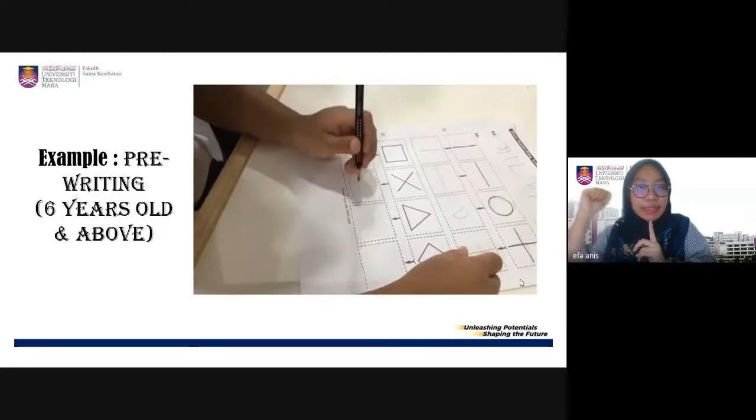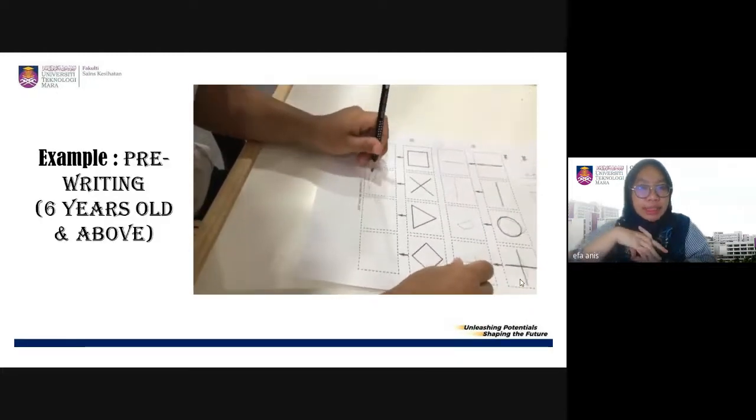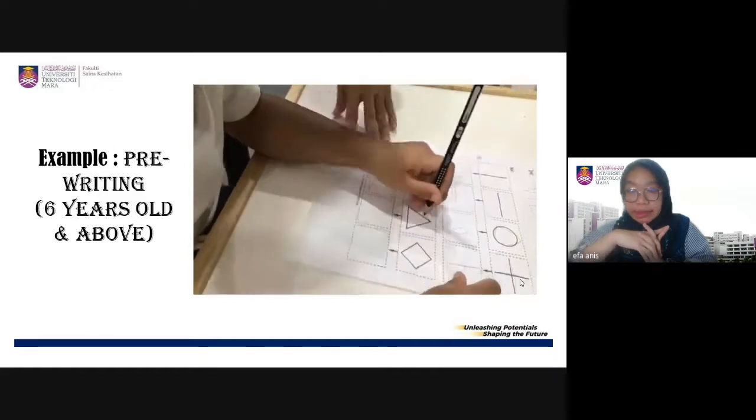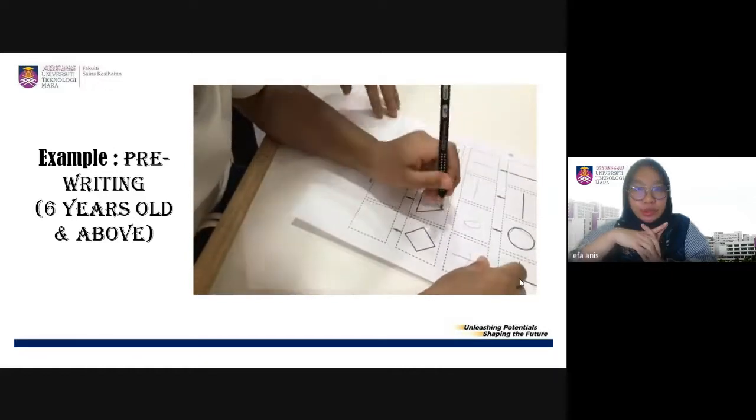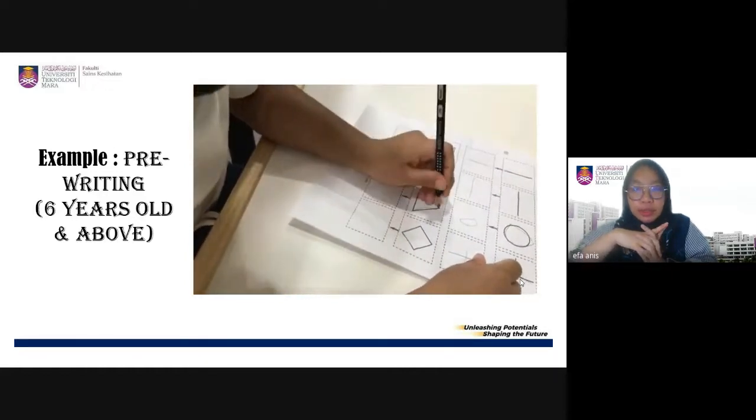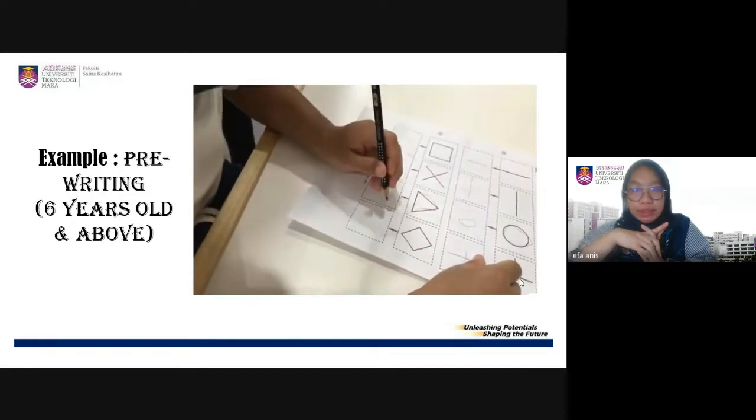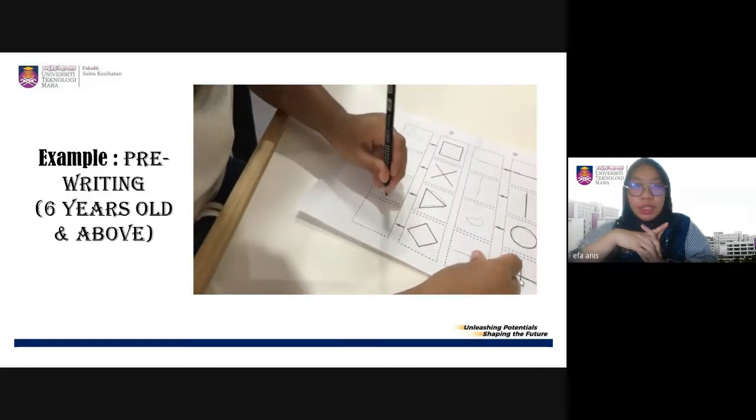Next slide. Okay, so this is the example. Tadi yang 3 hingga 5, ini pre-writing for 6 years old above. As you can see, the kids dia 5 years old. So you can see that the kids, dia bulat dia pun tidak, kalau you nampak lah inside the short clip, bulat dia tak bentuk shapes. Dia macam jumping.